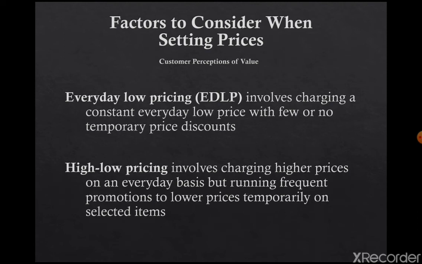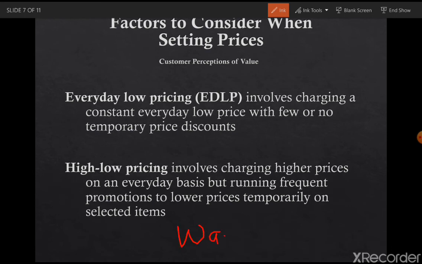As far as high-low pricing is concerned, it generally involves charging higher prices every day, but they give discounts on very frequent promotions. You can see different outlets, like the clothing outlets, like Varda, and Gul Ahmed, and so on.